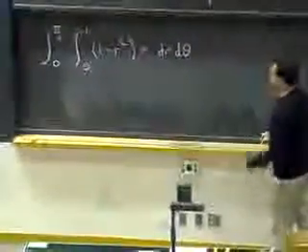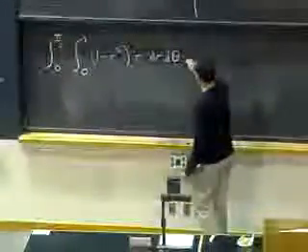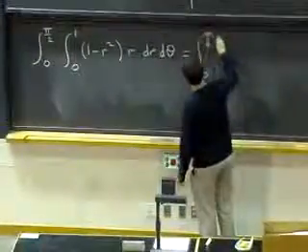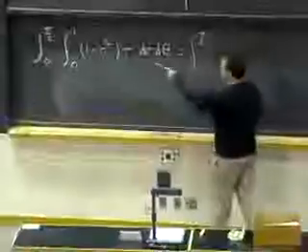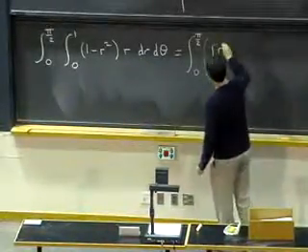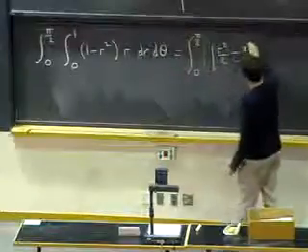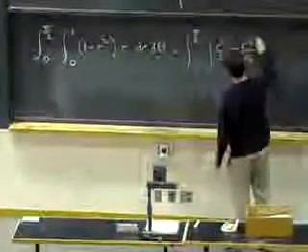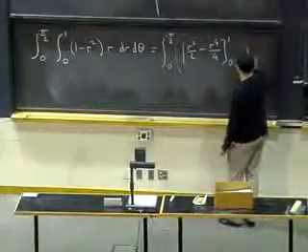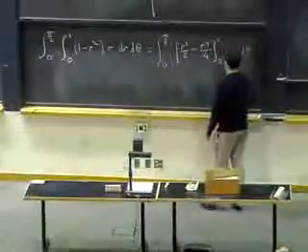Now, if I want to compute this integral, let's first do the inner integral. If I integrate r minus r cubed, I will get r squared over 2 minus r to the 4 over 4, between 0 and 1. And then I will integrate d theta.